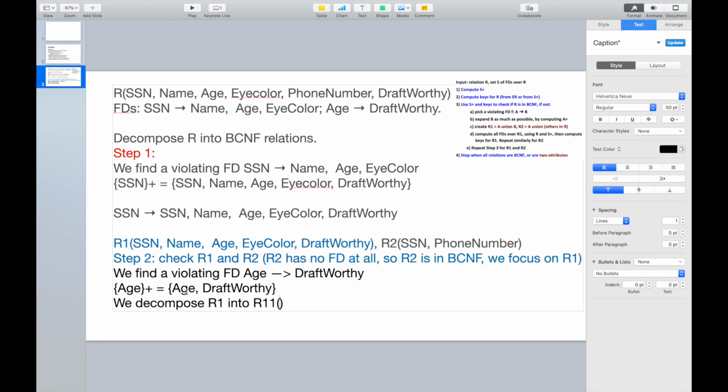R11 includes A and B, therefore age and trustworthy, as well as R12. R12 includes age and the other attributes in the relation, which are SSN, name, age, and eye color.